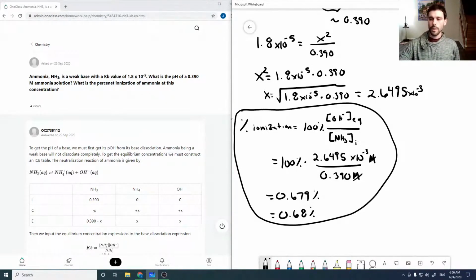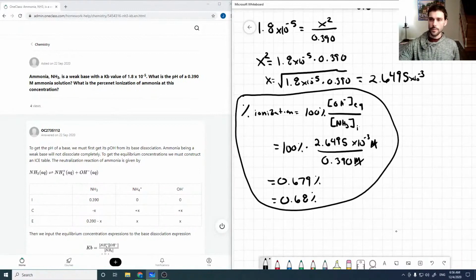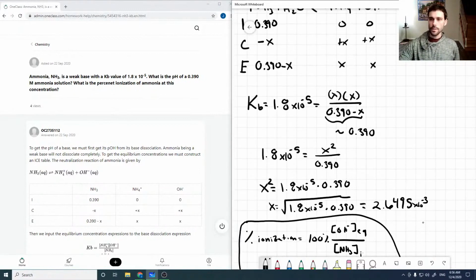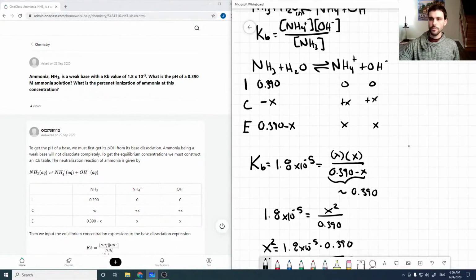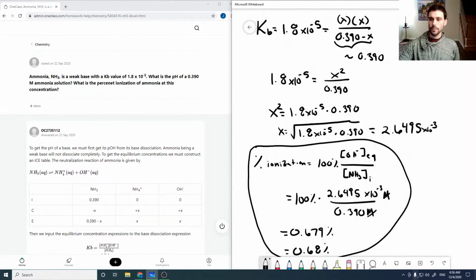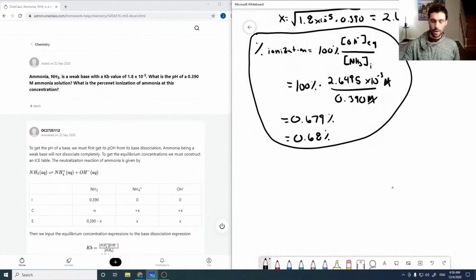Okay, and now our pH. So X is our OH minus concentration. Okay, so our OH minus concentration is 2.6495 times 10 to the minus 3 molar.